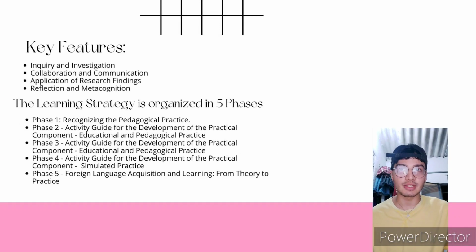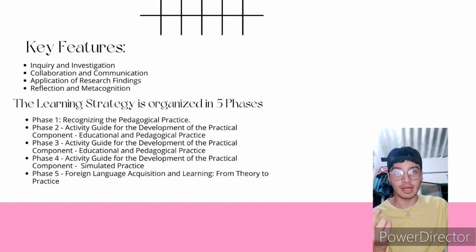The key areas are inquiry and investigation, collaboration and communication, application of research findings, reflection and metacognition. The learning strategy is organized in 5 phases. Phase 1, recognize the practical pedagogical.